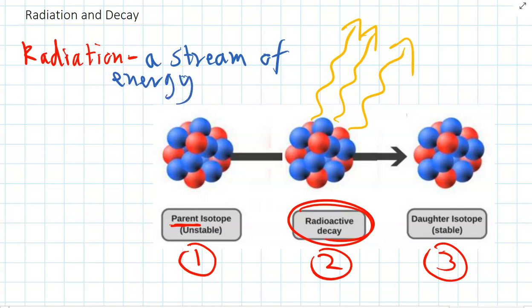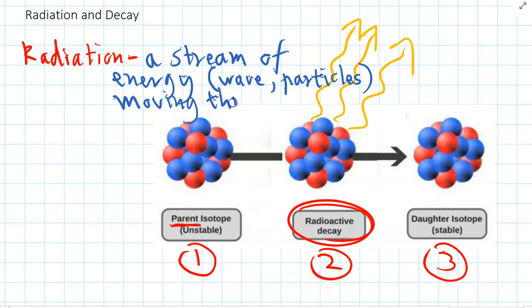It can be a wave, so it can be made of light, or it can be a whole lot of particles, all traveling in a stream through space. So we can say it's a stream of energy, waves or particles moving through space. And we'll learn more about the types of radiation later on. For now, though, we're calling it a stream of energy.